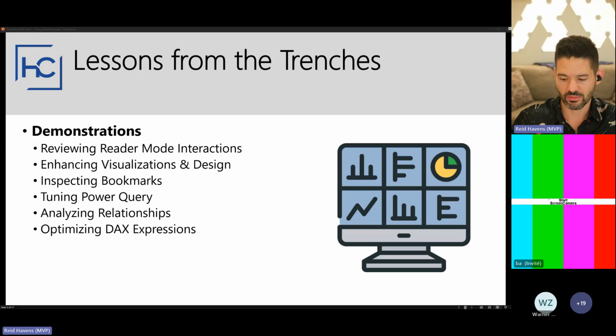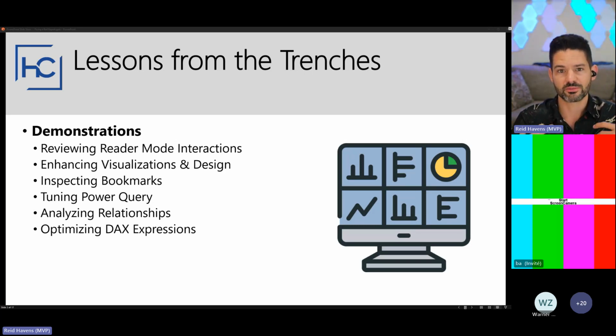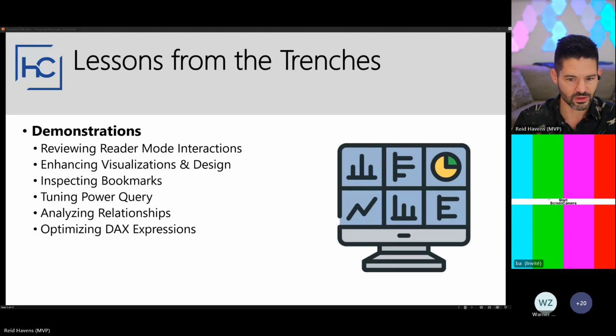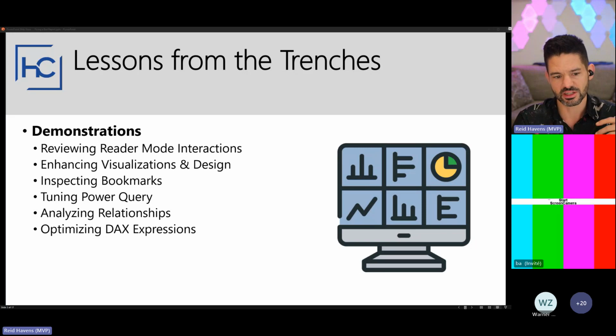I think given the time that we have today, I will likely be able to do a lot of the items that we have related to reporting, starting from a user experience that we have in terms of what we can curate for that, what practices to avoid, what best practices to implement. So from the reading view interactions, going into visualizations and design, and then slowly working our way into the back end as time permitting. But we'll have a lot of different conversations around those.